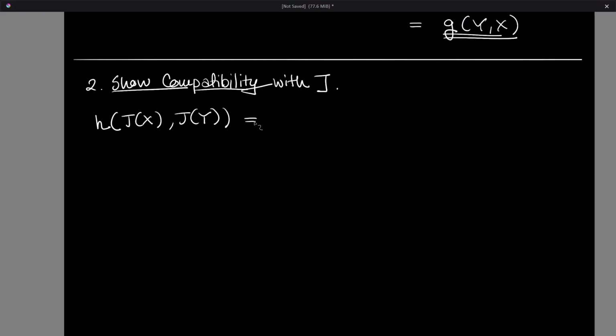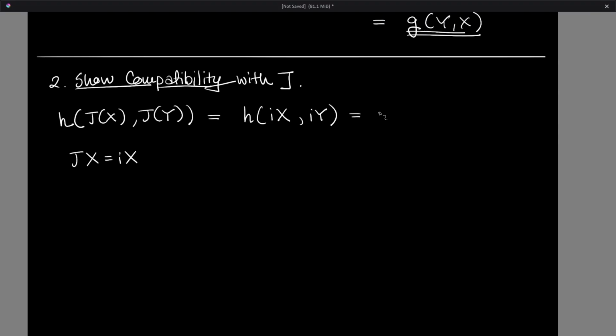Since x is an element of the holomorphic tangent bundle, we know that j of x is equal to ix, which means we can decompose this as h of ix, and the same thing for y, iy. Using sesquilinearity, the first i turns out to be plus i, and when we take out the second i, it turns into a minus i.